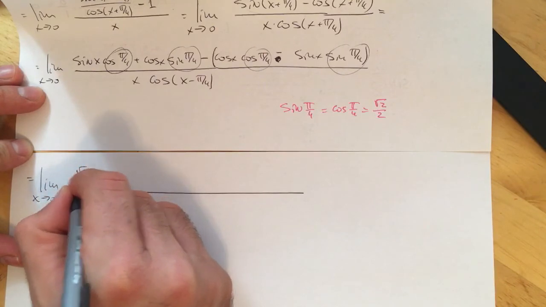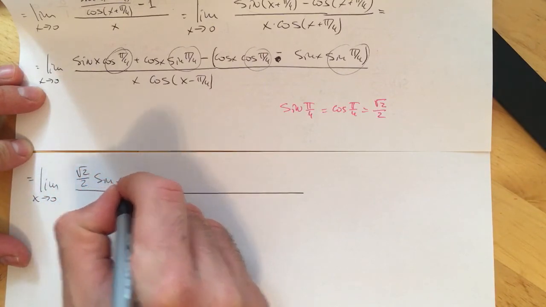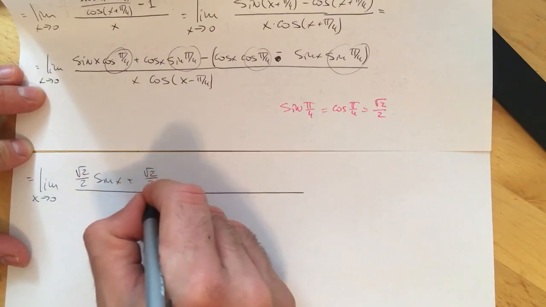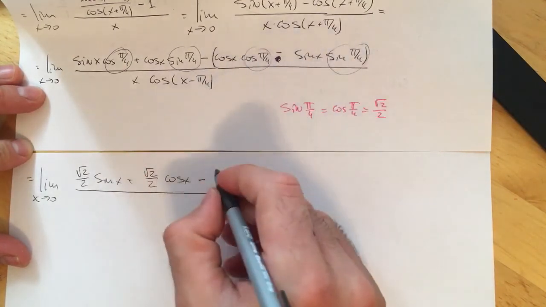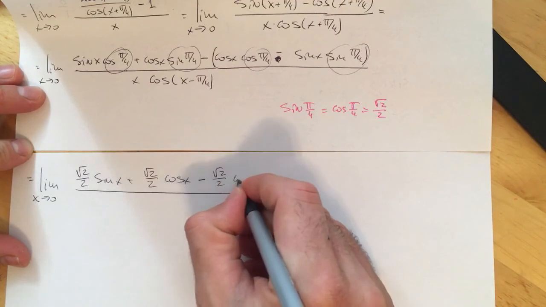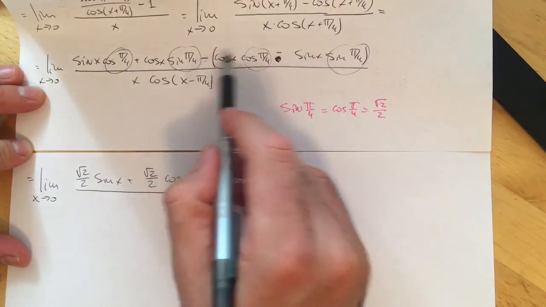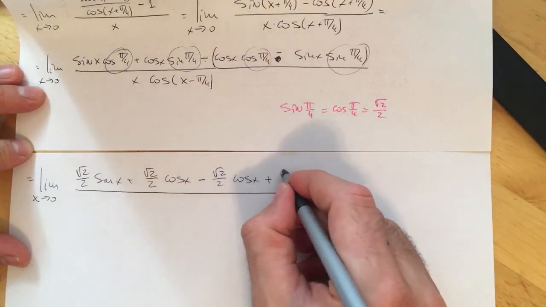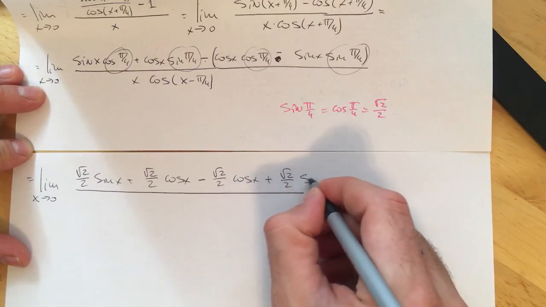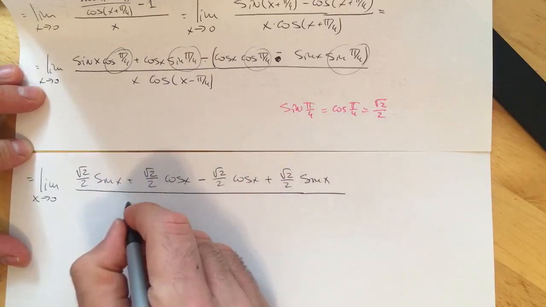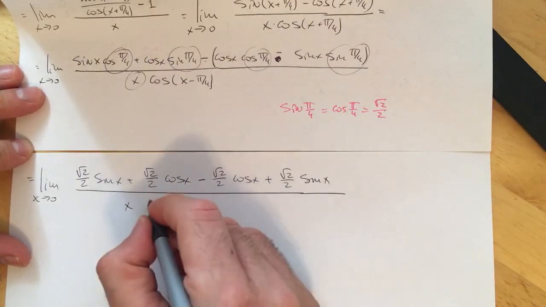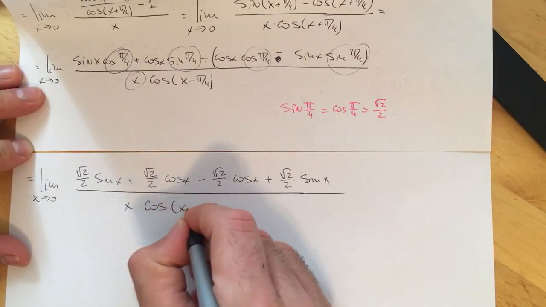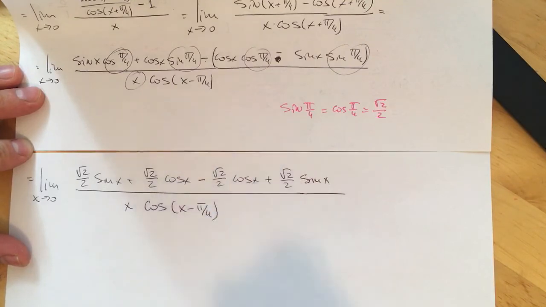So that's square root of 2 over 2 sine x plus square root of 2 over 2 cosine of x minus, I'm dropping the parentheses, square root of 2 over 2 cosine of x. Negative and negative becomes plus square root of 2 over 2 sine of x. In the denominator, this factor here waits to be dealt with, so we don't do anything. Cosine of x minus pi over 4.